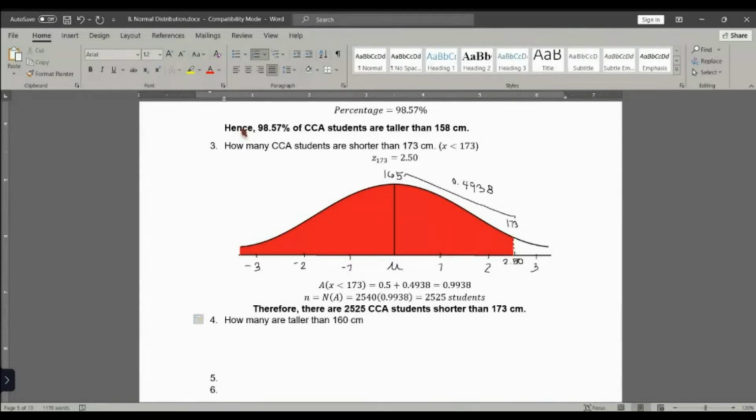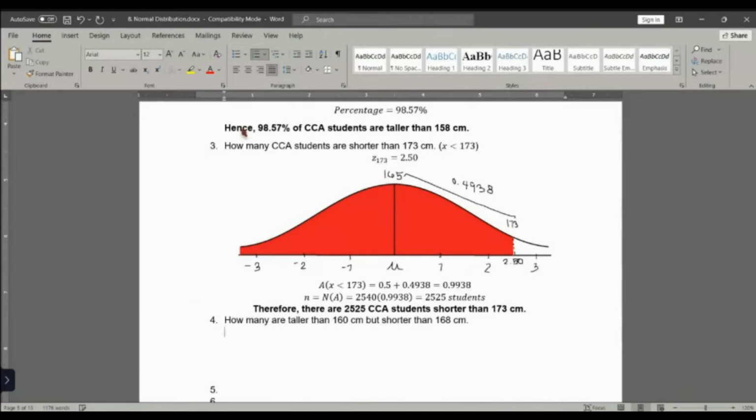How many are taller than 160 centimeters but shorter than 168 centimeters? Another case. Taller than, so in between, no? In between 160 and 168. How many students are taller than 160 centimeters but shorter than 168 centimeters?